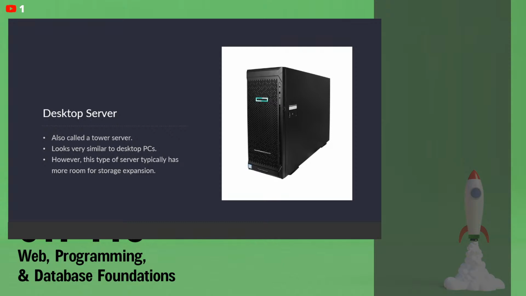So we can definitely use a regular computer as a server. Ideally, we'd want something a little bit more powerful, with a little more storage space, a little more RAM and processing power. Right, and so these big desktop servers would accommodate us for that. Now, when you get into production, you're not really using desktop servers, right?